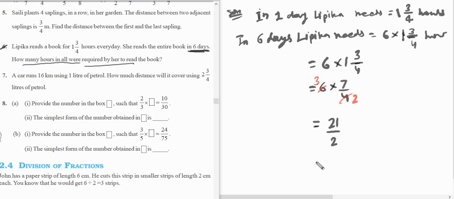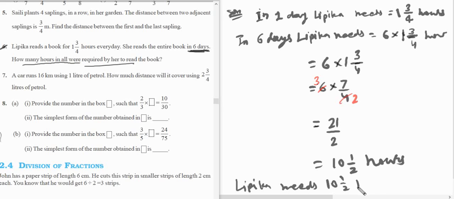Now you can convert it into mixed fraction, so it will be 10 1 by 2 hour. Not answer, it is hour, right? So that much time she needs. You can write here that Lipika needs 10 1 by 2 hours.